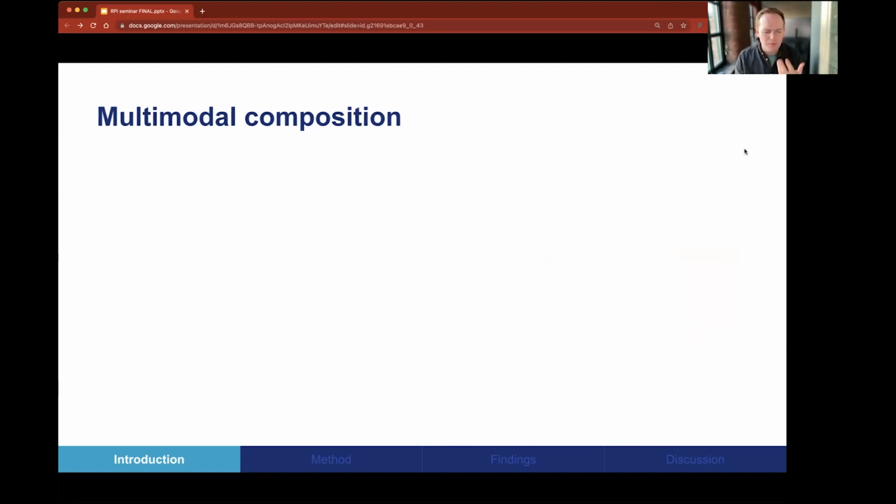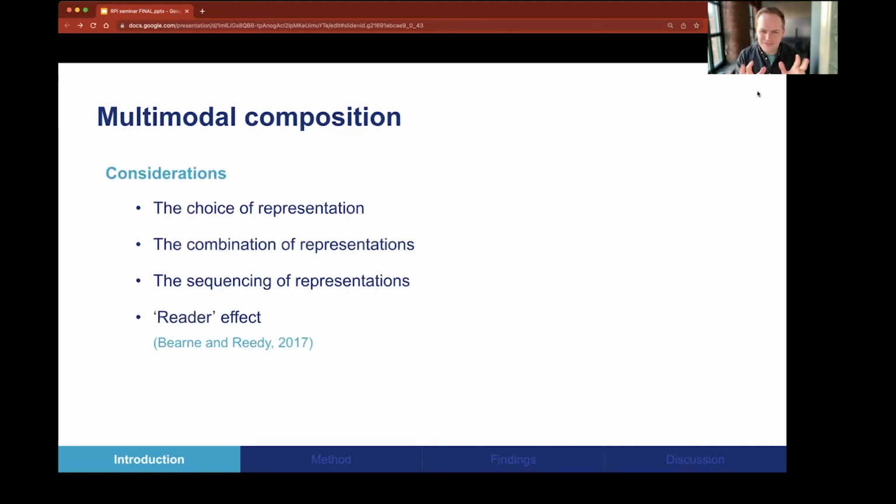And we thought this would be quite a nice way to frame bringing programming goals and storytelling goals together in a natural way, rather than unhappy bedfellows. And so some of the considerations that students would need to consider to create a multimodal text would be the choice of representation. So what assets would they use?